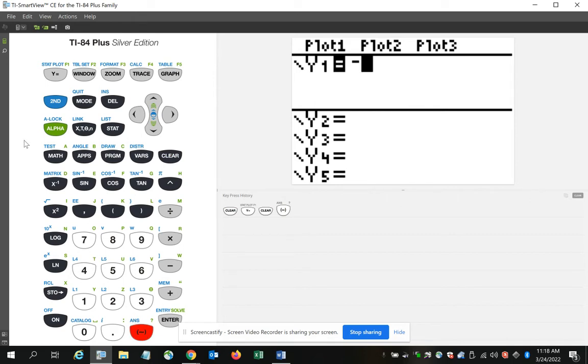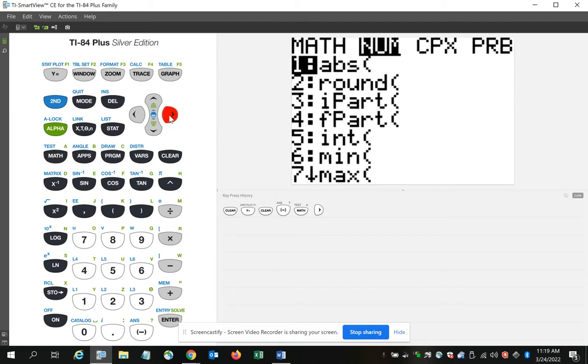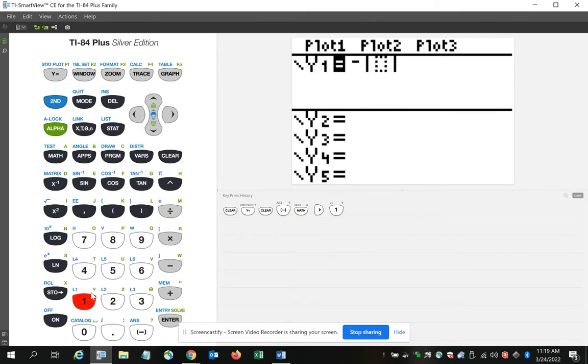And then to get your absolute value, you go to math, arrow over to NUM. Option 1 is ABS, which stands for absolute value. Then we're going to do x minus 3, get out of the absolute value symbols, and then say plus 5.